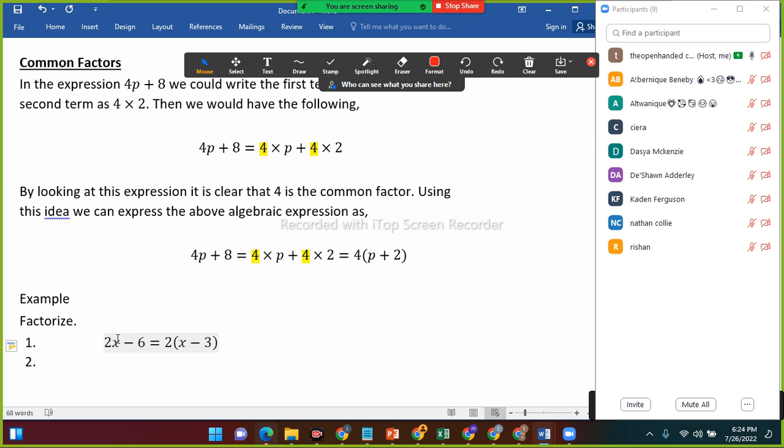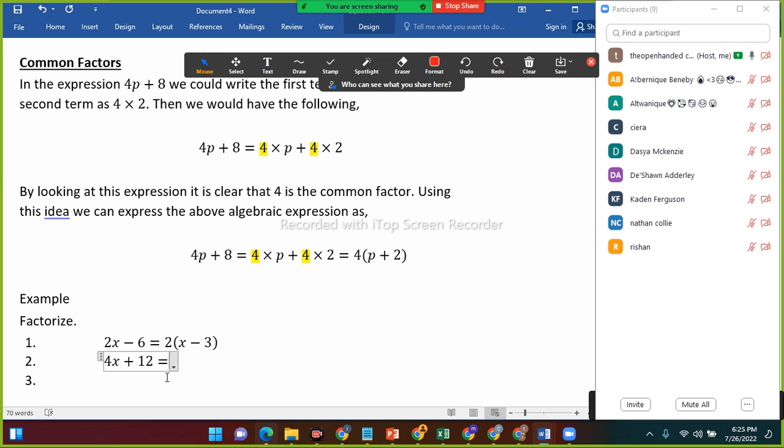Okay, so the next one would be, so let's say we have 4x plus 12.